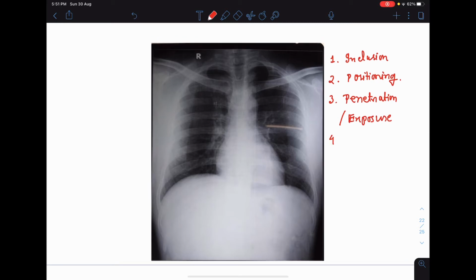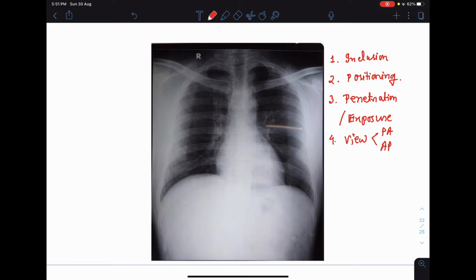The fourth thing what we should know is what is the view of the chest x-ray. Okay, view, is it a PA view or is it an AP view? PA view stands for posterior-anterior view.